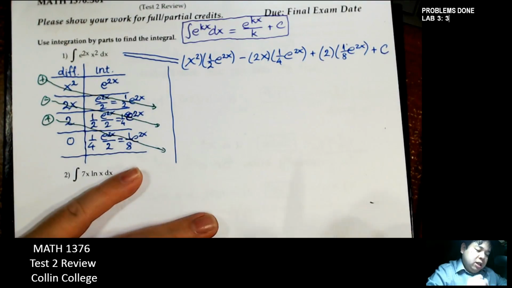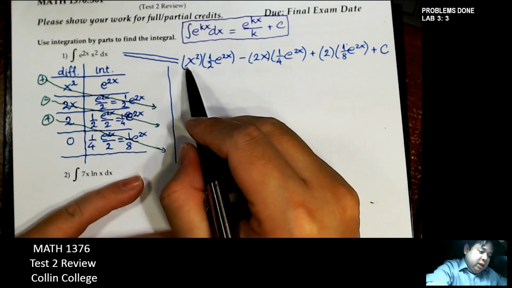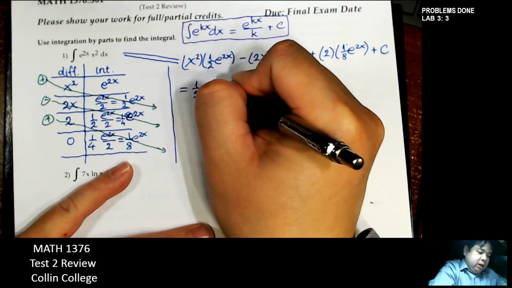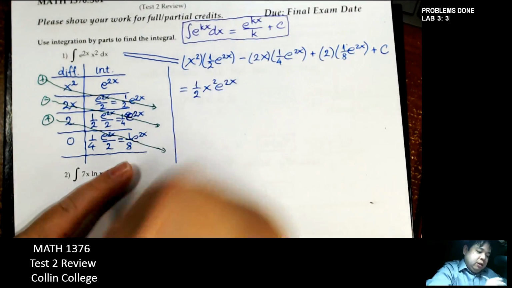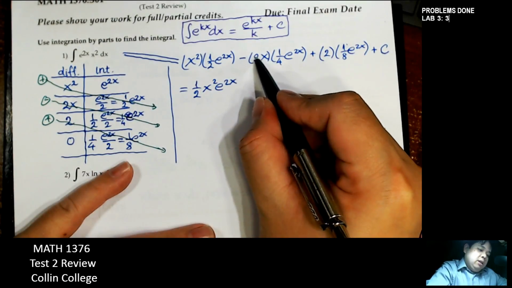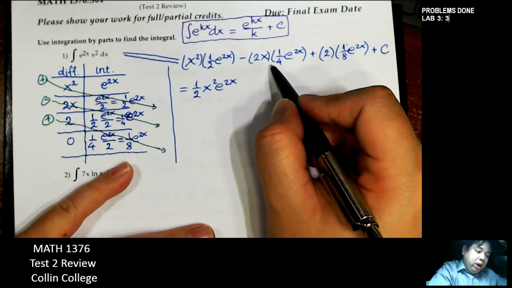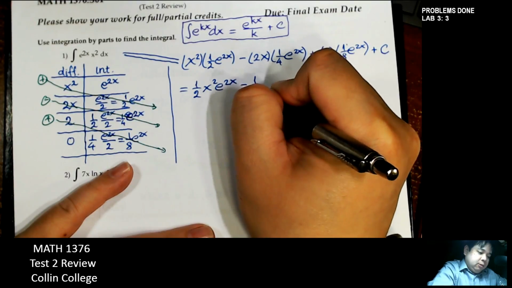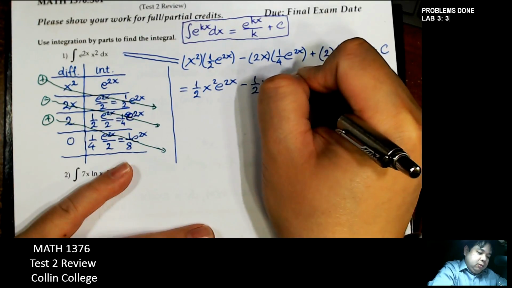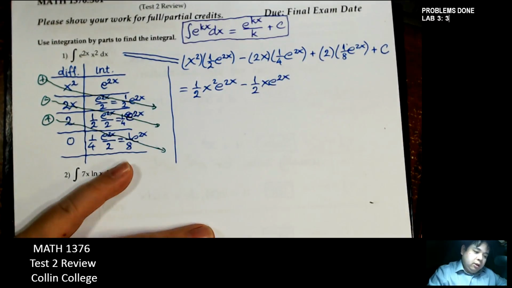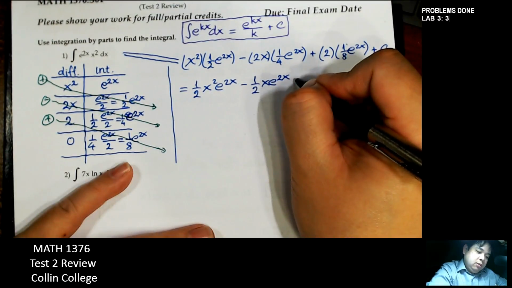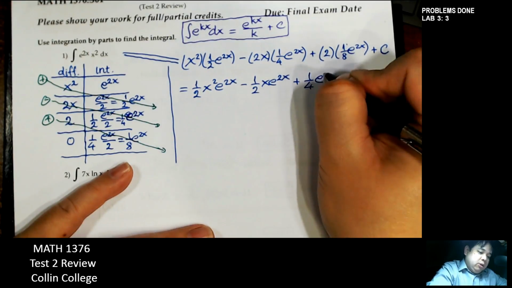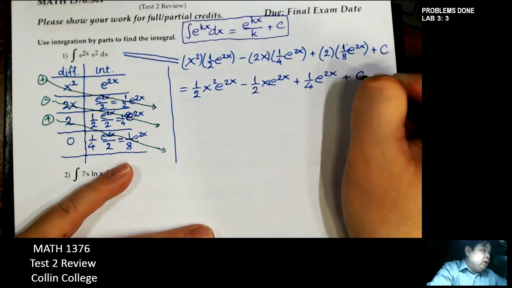Right, just simplify this a little bit. That is 1/2 x squared e to the 2x. This 2 and 1/4 is 1/2. And then that 1/4 e to the 2x plus c.